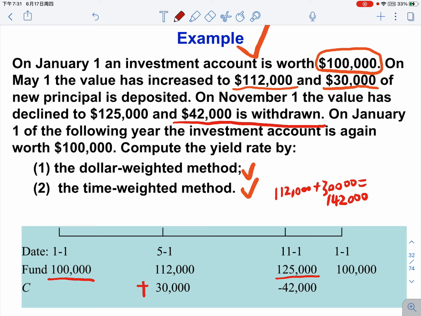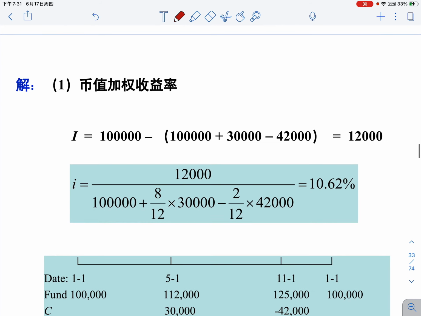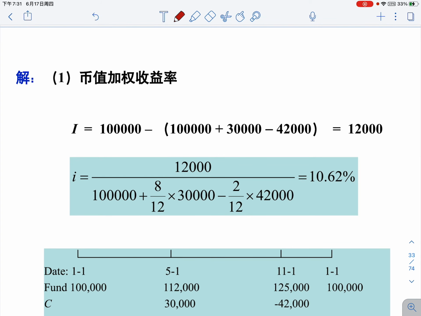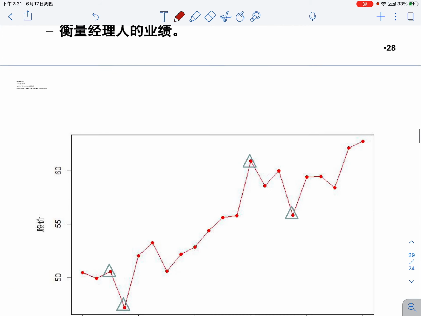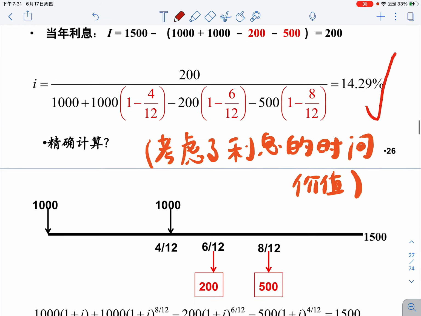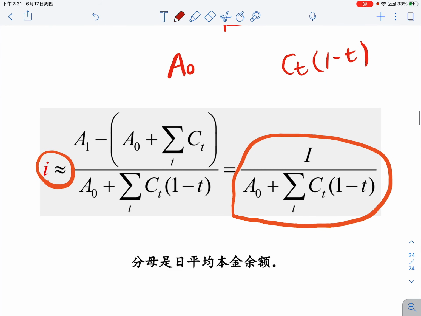the dollar weighted method and the time weighted method. We know that the dollar weighted method involves the amount of the deposit, so we should use a formula. It's this formula, and this I is interest.